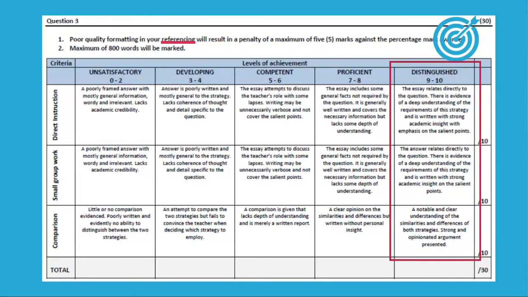So for both the two strategies, you need to discuss similarities as well as differences. And you write it with academic insight. And that means that you have to make use of resources, credible resources, and paraphrase those.